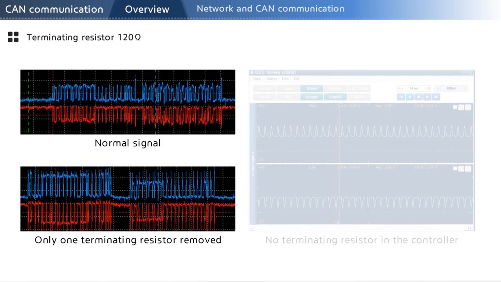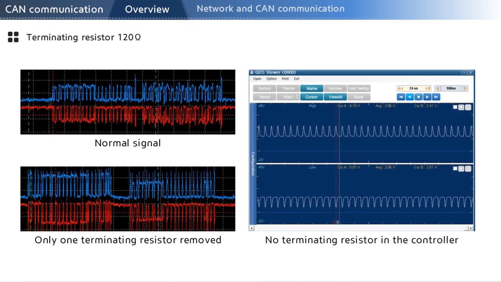Without terminating resistors, there will be abnormal signals present in the CAN bus lines. If a controller is connected without terminating resistors, signals are sent to the CAN bus in the shape of a gear, which can overlap the normal signals and cause a communications error.